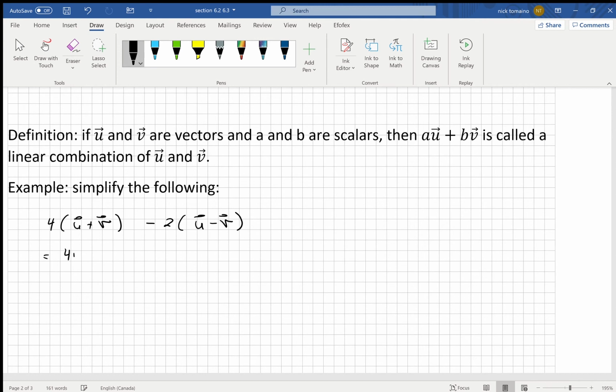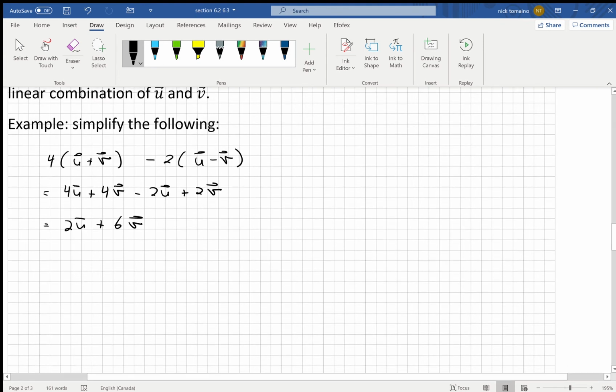So we have 4U plus 4V minus 2U plus 2V, and that is equal to 2U plus 6V. Done.